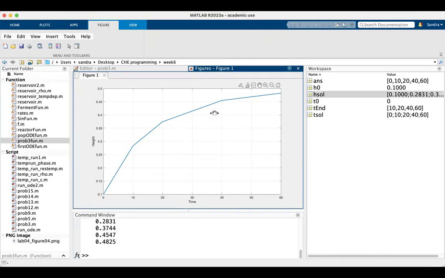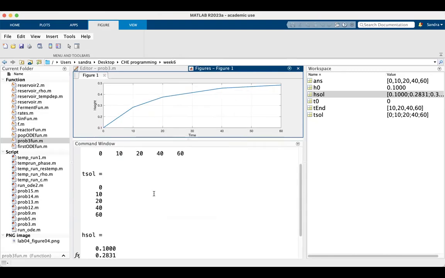If you want a smoother curve, just give the lower limit and upper limit, and MATLAB itself will give you a very smooth curve. Right now the question was to find the values at specific times, so that is why you get straight lines. And this is your t-sol and corresponding h-sols.